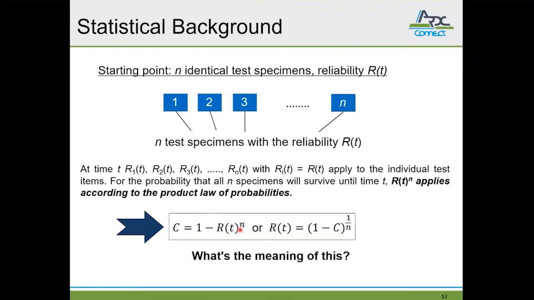But when we take a closer look at this equation, what does it say? We have a 1 minus reliability. And when you think about that, that's actually a failure probability.